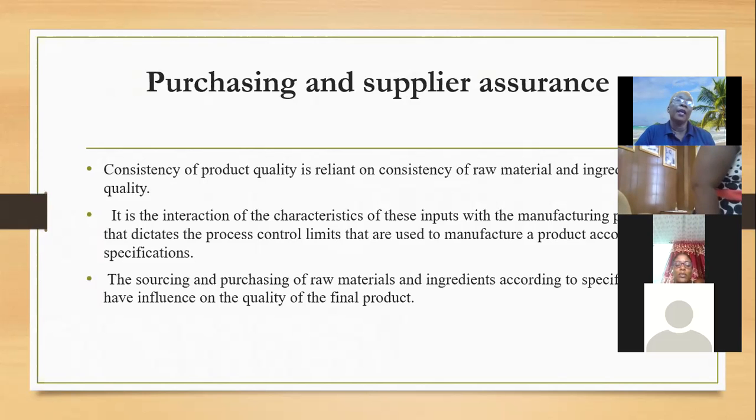What does that mean? It means that if we decide that we're going to buy from, let's say, John Jones, John Jones has the quality of product, the raw materials that we want. We are going to depend on John Jones to supply this raw material for us. What we have to make sure is that we tell John Jones the specifications that we need.